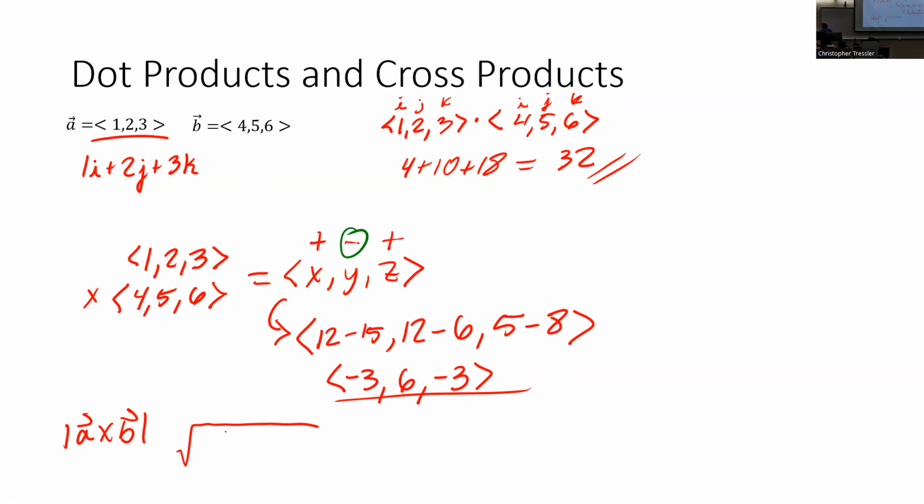So 3 squared is 9, plus 6 squared is 36, plus negative 3 squared is 9. So we're going to get the square root of 54. The square root of 54 is the same thing as the square root of 9 times the square root of 6. So you're going to get 3 root 6 as the magnitude of that cross product, if that makes sense. So then we're going to continue on.